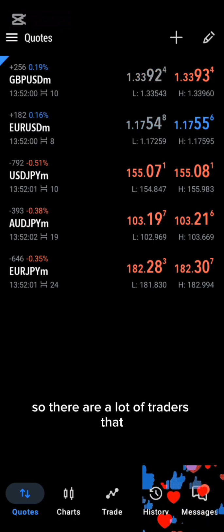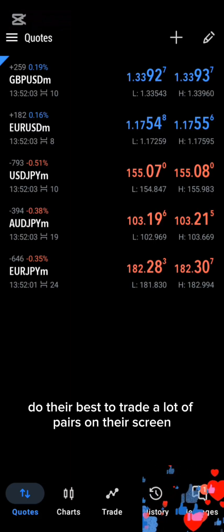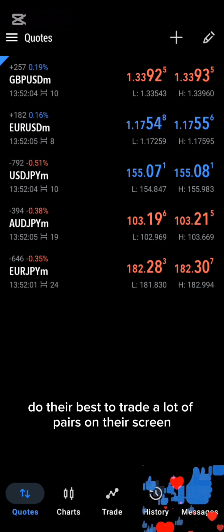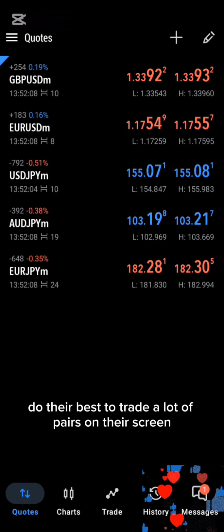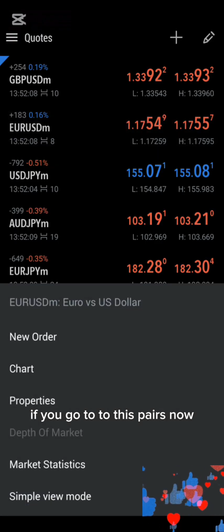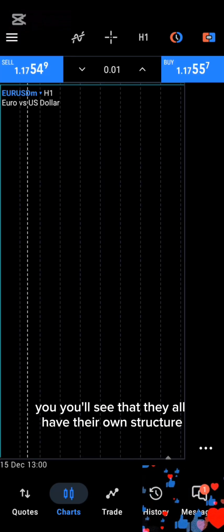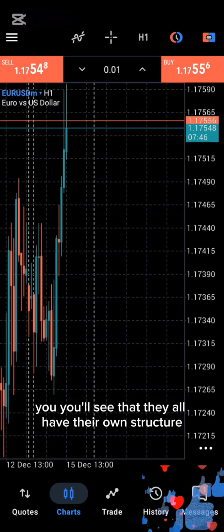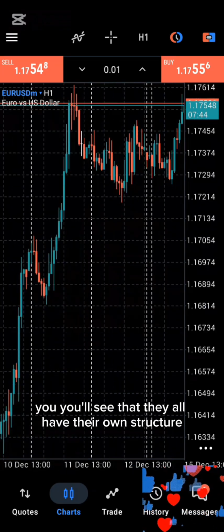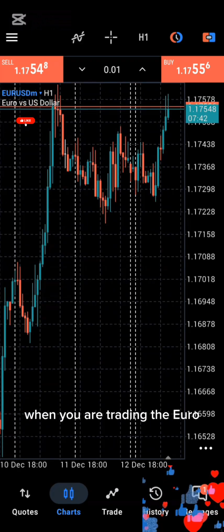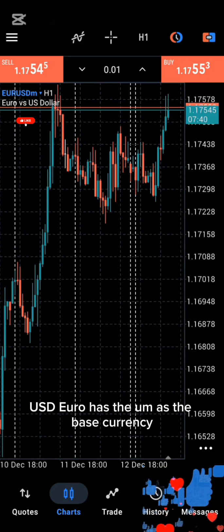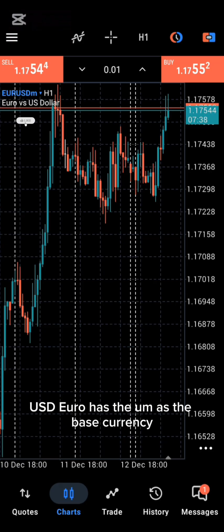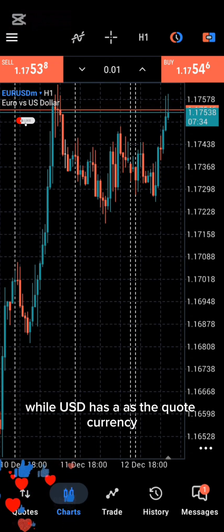There are a lot of traders that do their best to trade a lot of pairs on their screen. If you go to these pairs now, you see that they all have their own structure. When you are trading the EURUSD, Euro is the base currency, while USD is the quote currency.